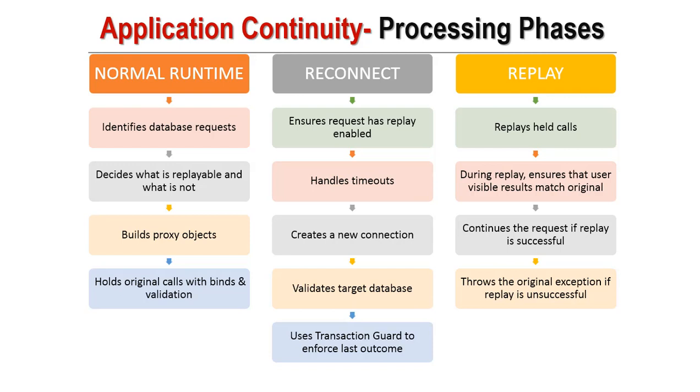Transaction guard and application continuity are the flag bearers of high availability in versions from 12c and above, because they provide functionality that is needed a lot in the practical world. Say you attempt a page refresh of your transaction.